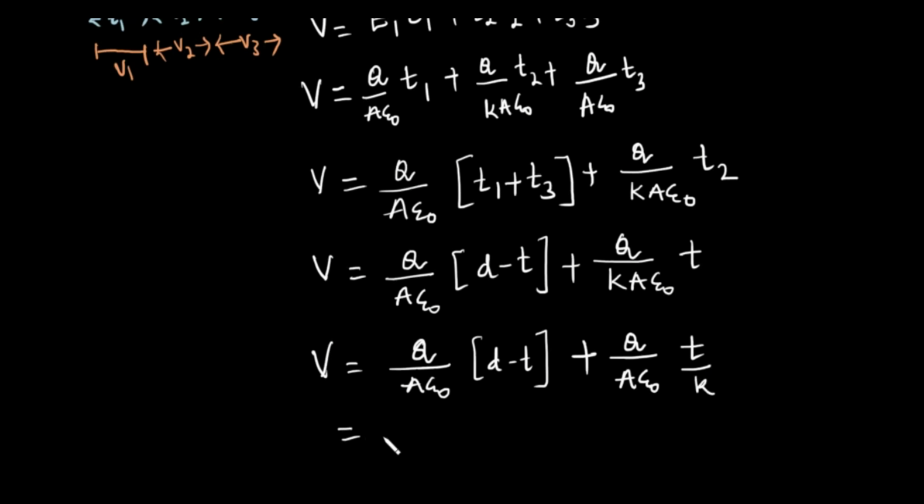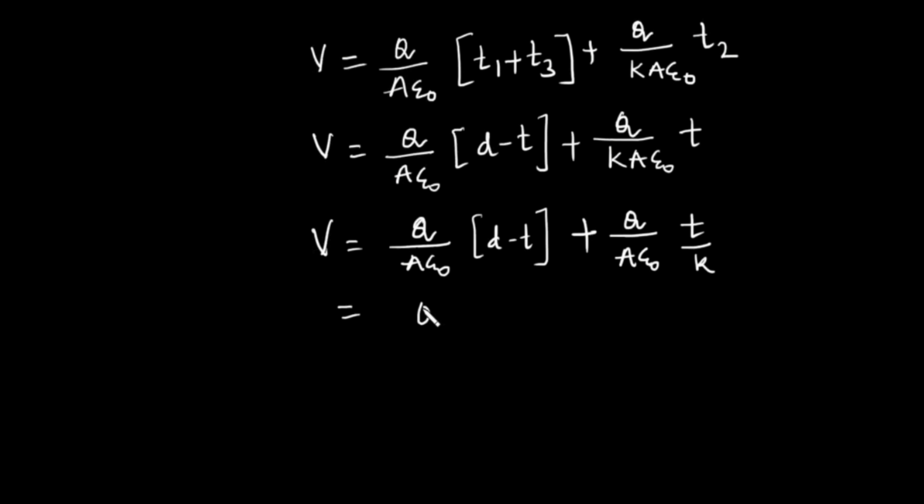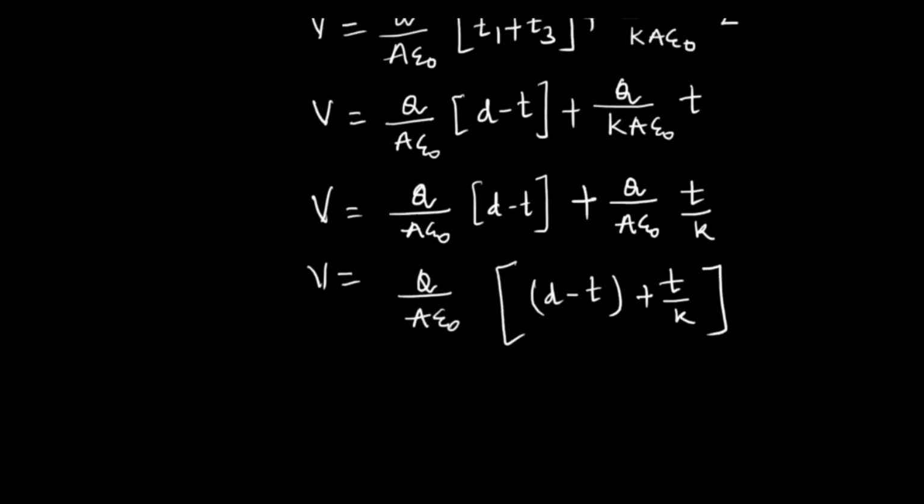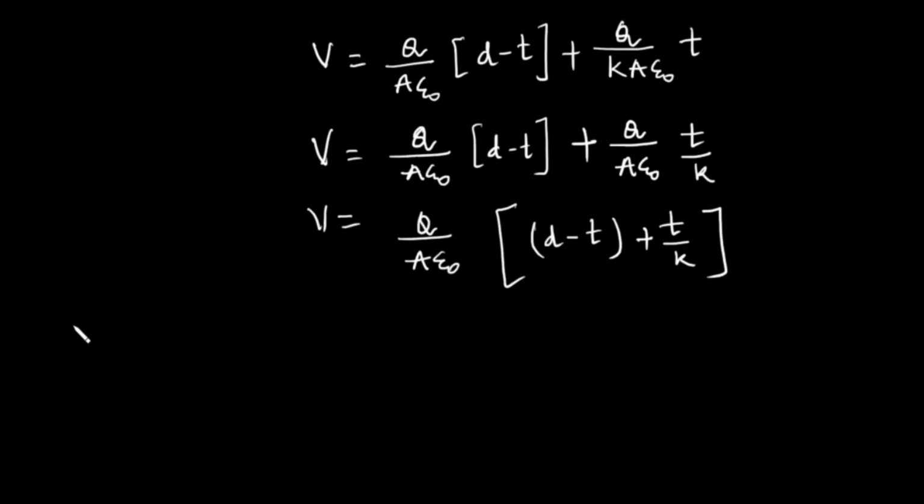I can take q by a epsilon naught common here. So v is q by a epsilon naught times d minus t plus t by k. Now we substitute c is equal to q by v.